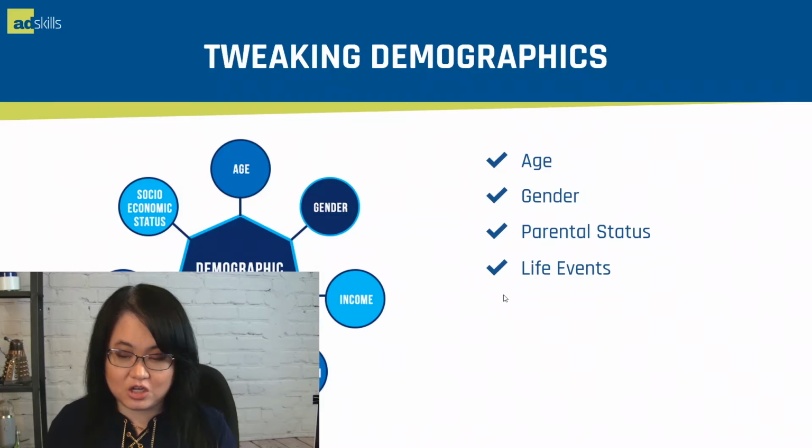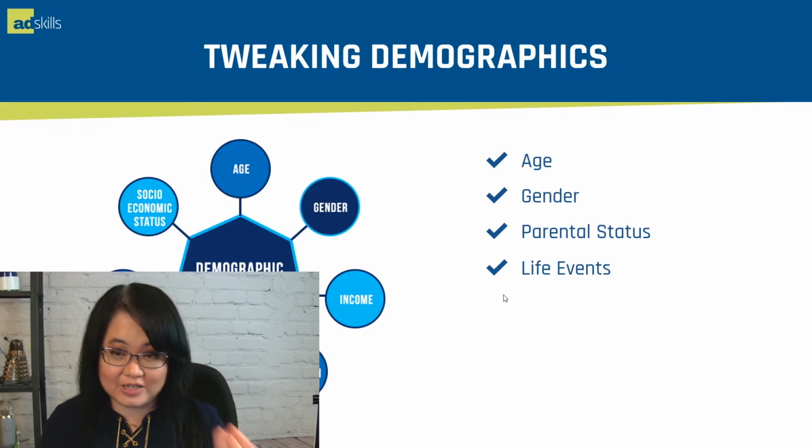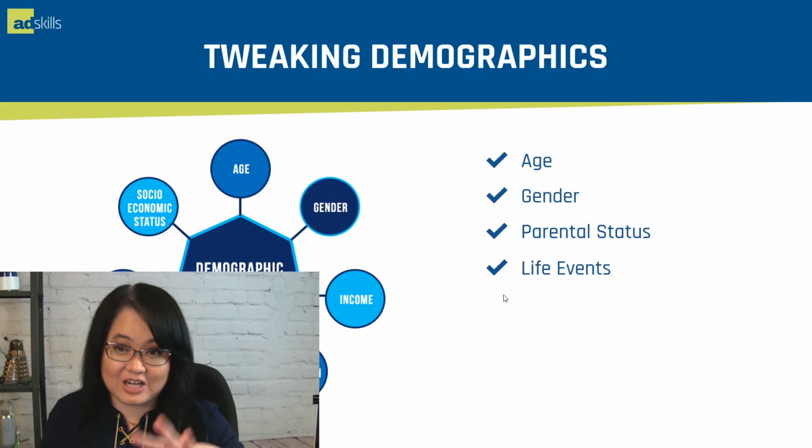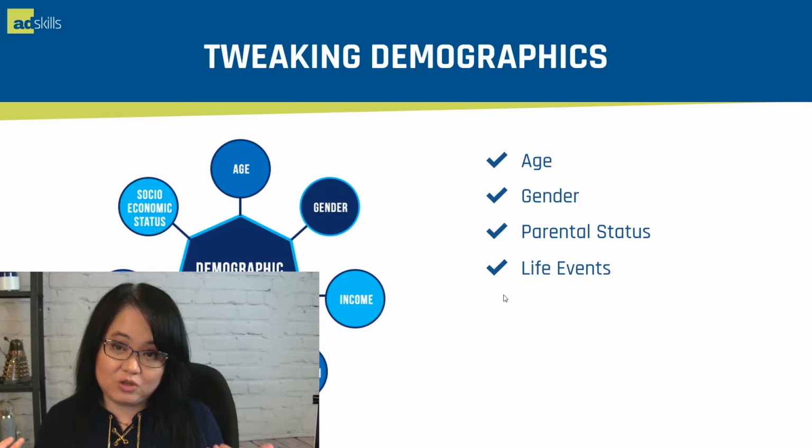Other really neat things that you can do for demographics is you can actually pull out by parental status. There are options to say all parents or parents of newborns, and they have very specific age groups for parents. So going back to your market research, if it shows that parents or moms are your target market, and maybe it's moms of kids who are in grade school, for example, then you can narrow that down quite a bit.